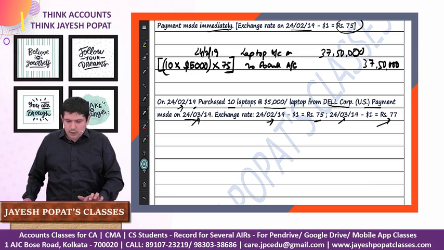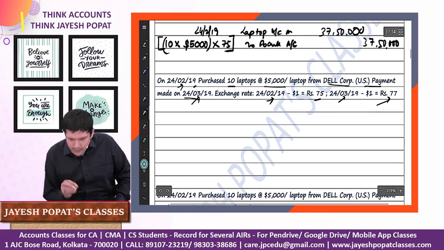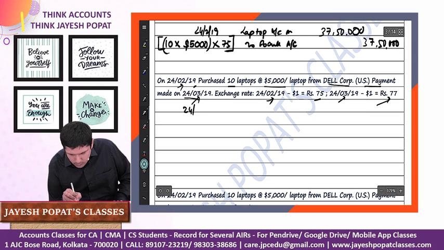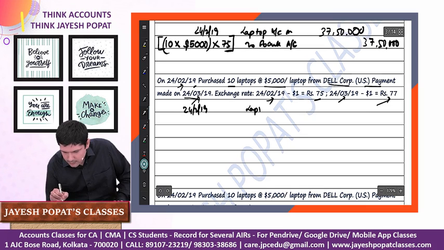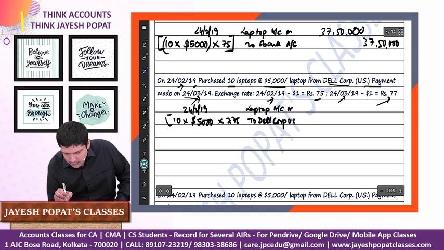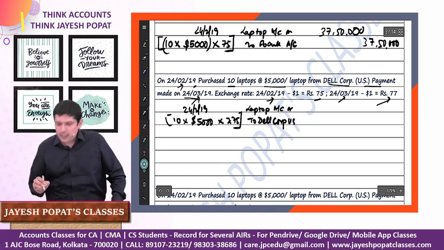So on the date of the transaction, which is 24th of February 19, we will say laptop account debit and we'll create a liability for Dell Corp US, which is basically 10 laptops into $5,000 per laptop into rupees 75 per dollar, which is the rate on the date of transaction.